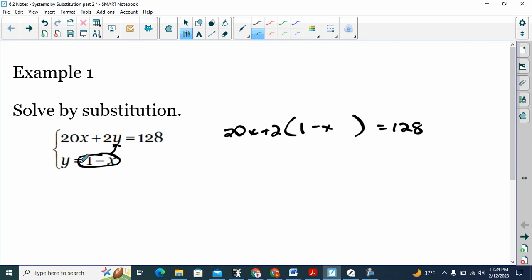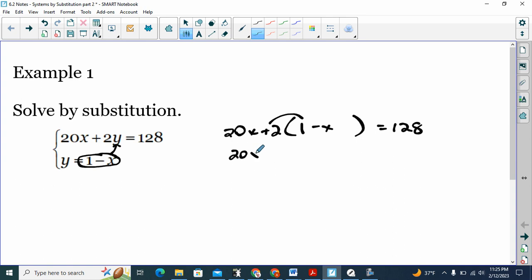But instead of y, I'm putting in what y is equal to, which is 1 minus x. We started with two equations and two variables, x and y. I now have one equation with one variable, just x, so we should be able to solve it. We're going to solve by first distributing this positive 2.